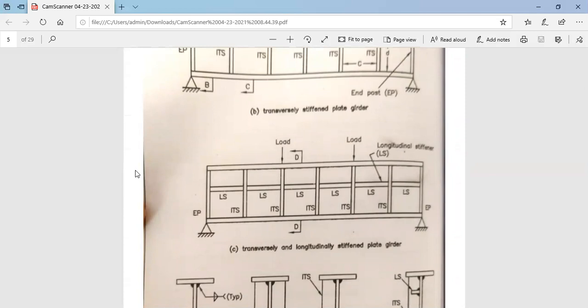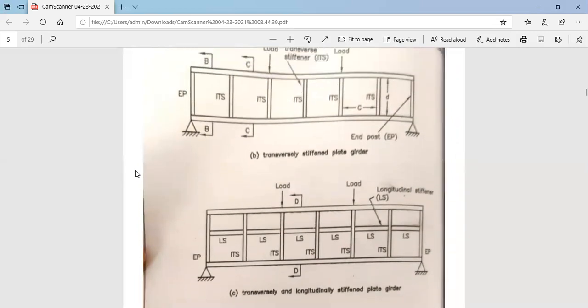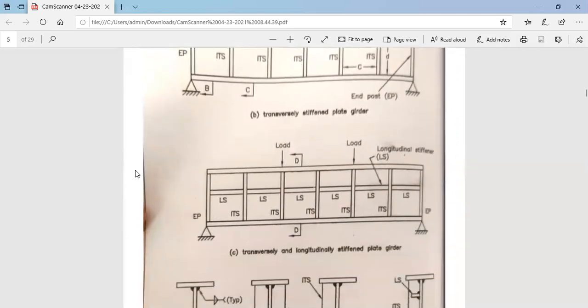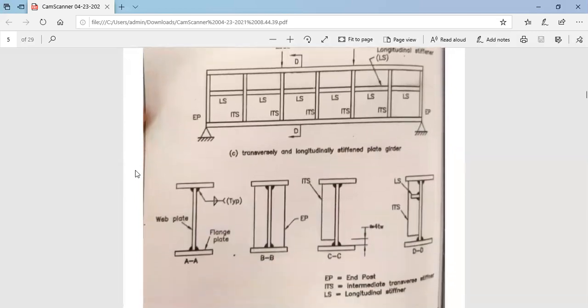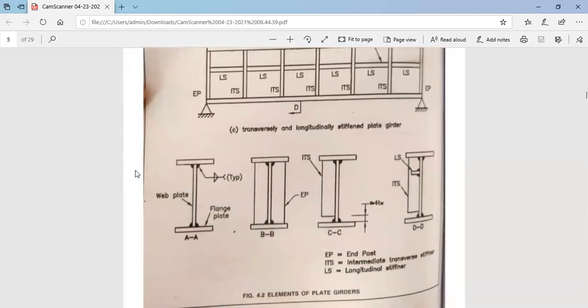So end bearing stiffeners are provided to transfer the load here. Here EP means end post, ITS means intermediate transverse stiffener, and LS means longitudinal stiffener. End bearing stiffeners are provided to transfer the load from the beam to the support.